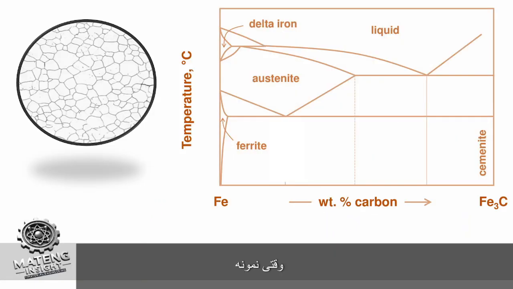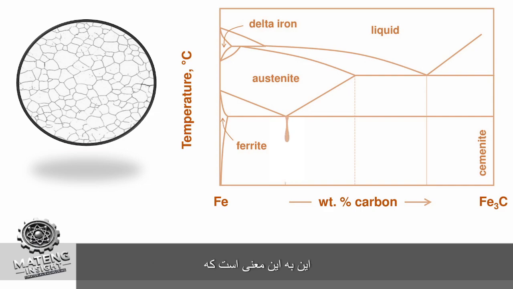When the specimen is placed at the austenitic temperature for a sufficient time, the structure becomes completely austenite with austenitic boundaries. Decreasing the temperature and cooling from this point under equilibrium conditions brings about the eutectoid transformation.